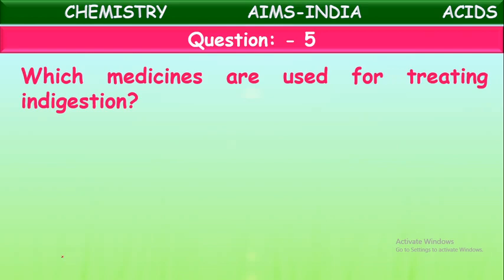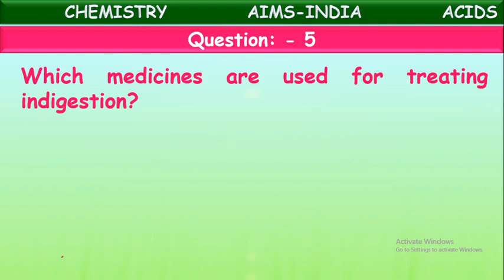But sometimes our stomach produces a little excess of hydrochloric acid which causes indigestion. Because of that we feel a burning sensation in the chest. This is because of an excess amount of acid. Now what do we do? We take some medicines to reduce the effect of this excess acid.